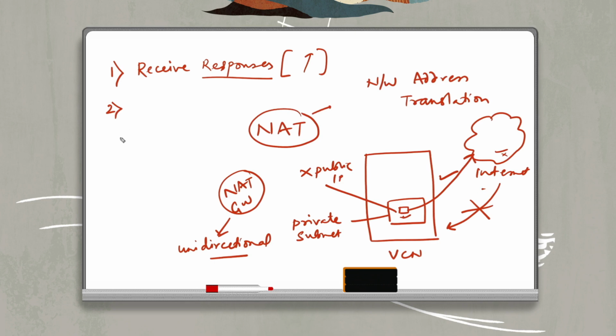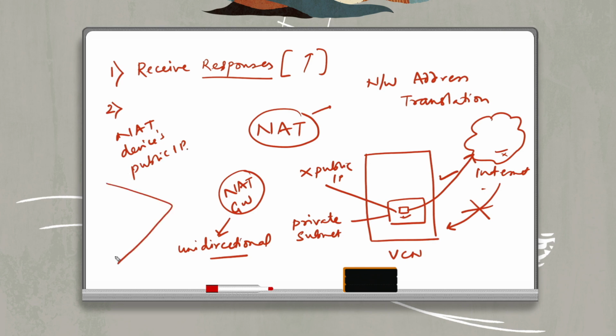It is going to be the NAT device. In our case, the NAT gateway's public IP. So whenever you create a NAT gateway, a public IP address is going to be assigned to the NAT gateway.